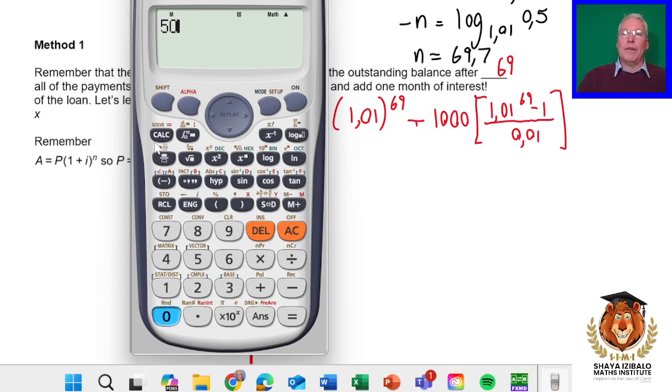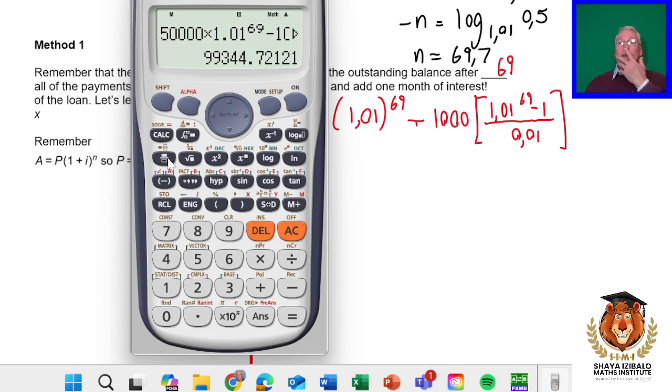Okay, so 50,000 times 1.01 to the power of 69 minus 1,000 open brackets, fraction button, 1.01 to the power of 69 minus 1 over 0.01.